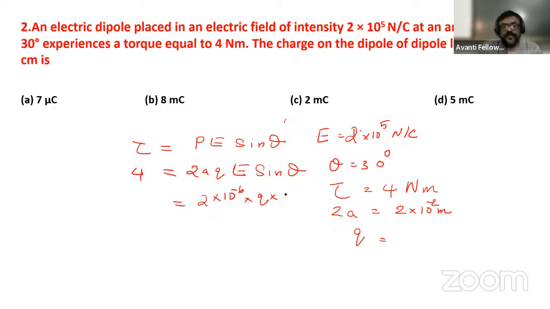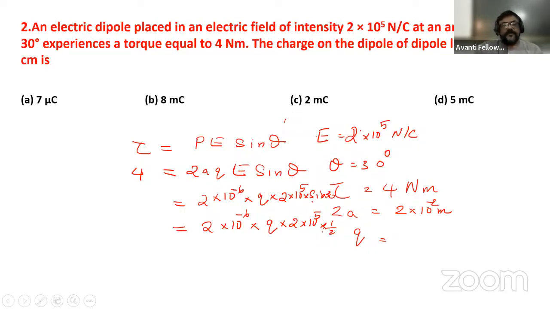And the electric field is also given, 2 into 10 raised to 5, into sine 30. Sine theta is 1 by 2. So we can solve this and you can easily find the value of Q.